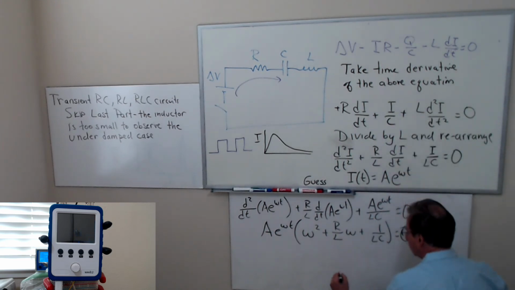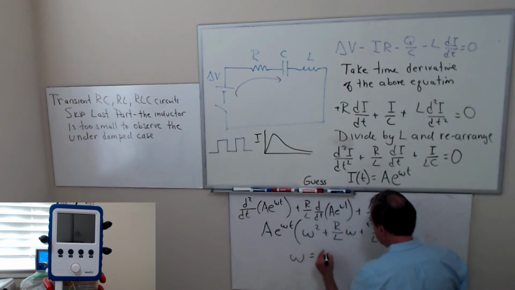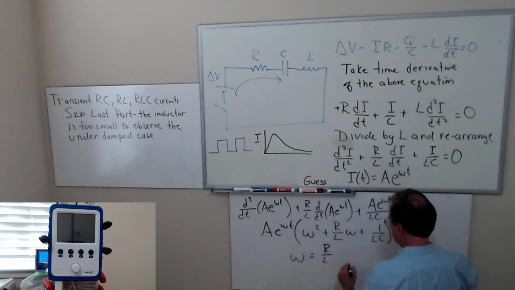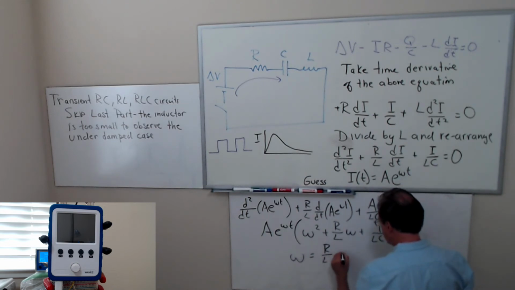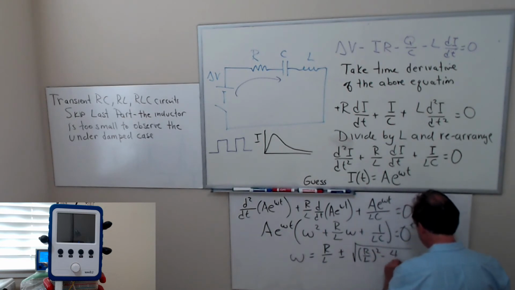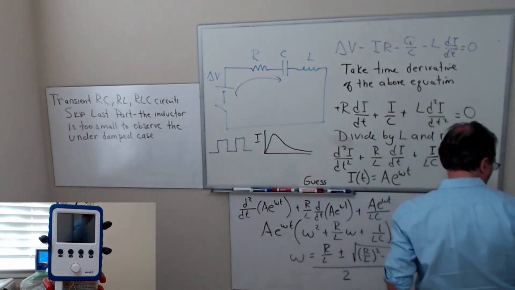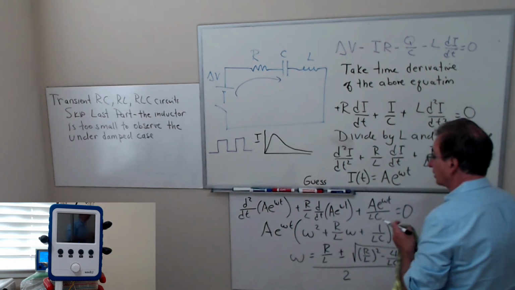Well, if I use the quadratic formula, you guys are all familiar with it, you're going to get minus b plus or minus the square root of b squared minus 4ac all over 2a. So my two solutions then look like this.